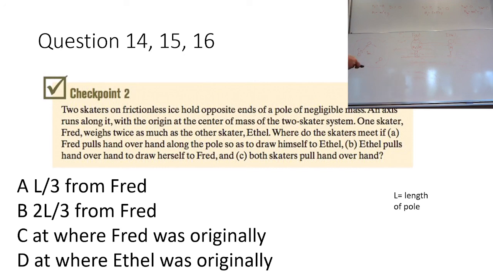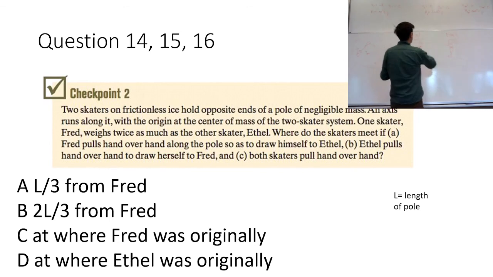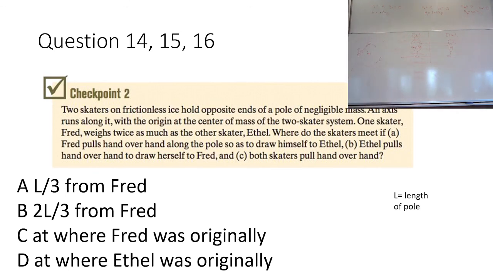So firstly, let's work out where the center of mass of this whole system is. Where would it be? Firstly, it's somewhere shifted a little bit to this side here. If we say the pole has length L, where is the center of mass?